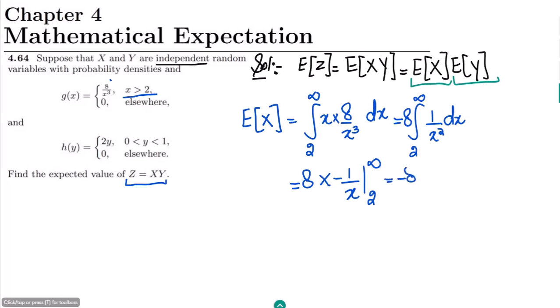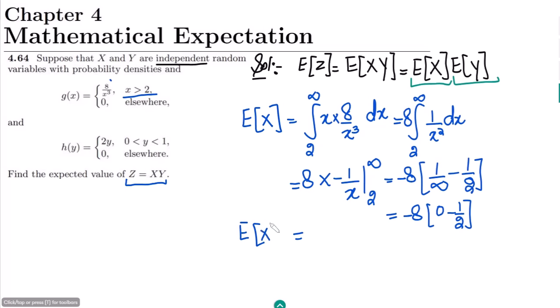Putting in the limits, minus 1 multiplied by 8 would become minus 8, and we would get 1 over infinity minus 1 over 2. So it would become minus 8 times 0 minus 1 by 2. So ultimately the answer for E of x would become 4.